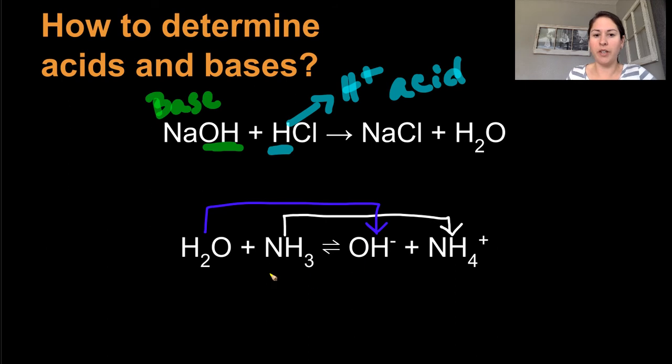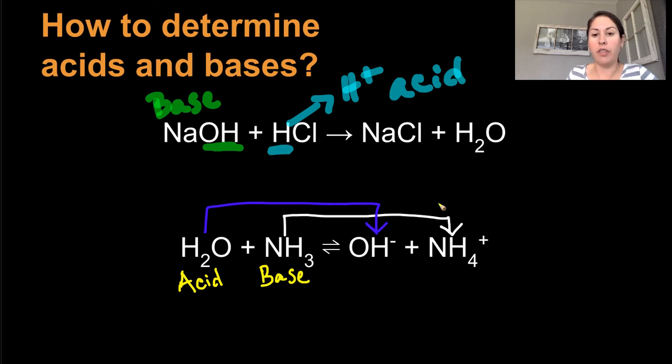And so this one here is going to be the base because it accepts that hydrogen ion, which makes this one the acid because it donates that hydrogen ion. So we see that water ends up losing a hydrogen that gets transferred to the ammonia, and that's what makes water an acid in this case and ammonia a base.